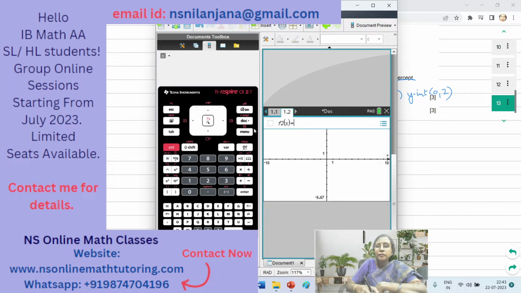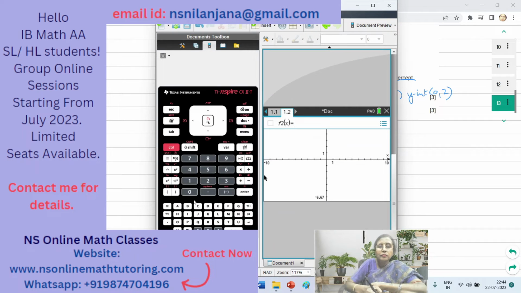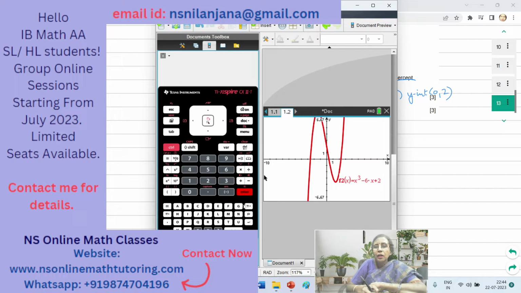That is better. F2 of x, x cubed minus 6x plus 2. Enter.